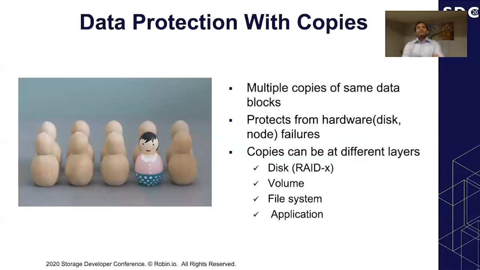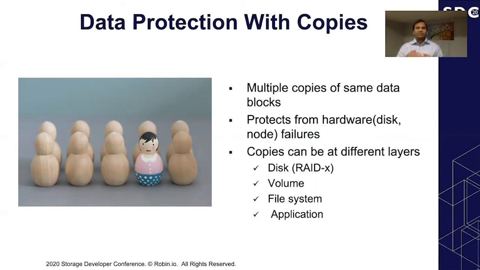As the 3-to-1 rule suggests, there need to be copies of the data to have data protection for any enterprise application. So how can we copy data in enterprise applications? It can vary across multiple layers of the stack. It can start from the disk level, where you can have RAID cards or erasure coding to protect your data by providing copies at the very low level. Then at the volume level, at the software level, you can still provide RAID, and also erasure coding.